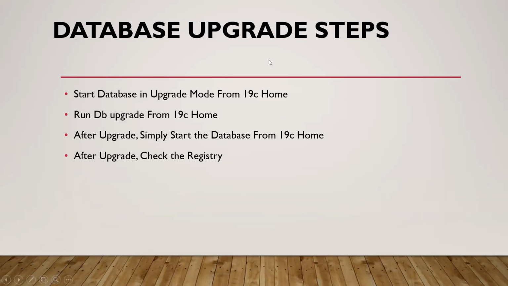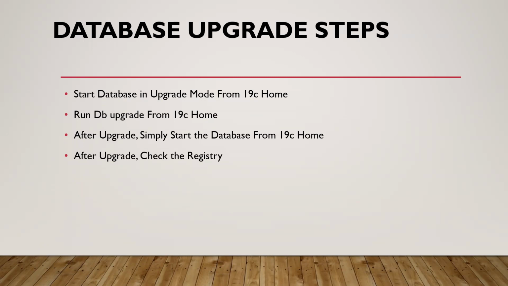Okay, what are all the database upgrade steps? We need to download the 19c binaries, unzip them, create the 19c homes, then install the 19c database software, and then run the pre-upgrade jar and pre-upgrade fix-ups, and then start DBUA, the Database Upgrade Assistant tool, and upgrade your 12c database to 19c.